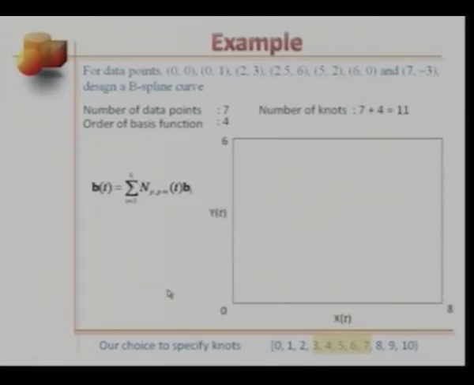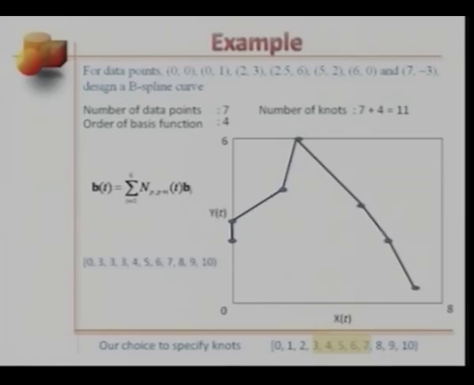Let's look at the graphics now. We plot these data points and the associated control polyline. Now, what you see here in blue is a B-spline curve for values of t in between 3 and 7.